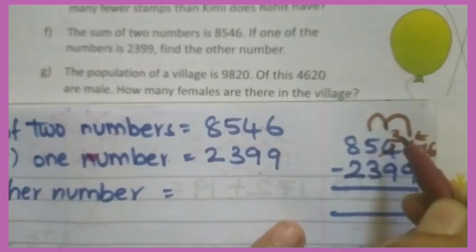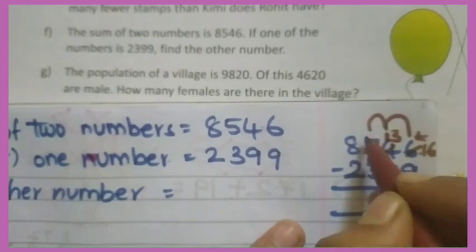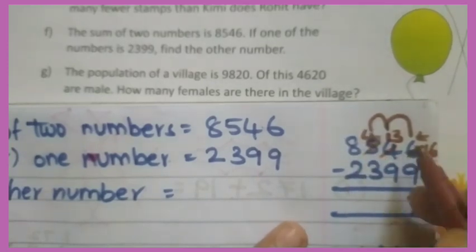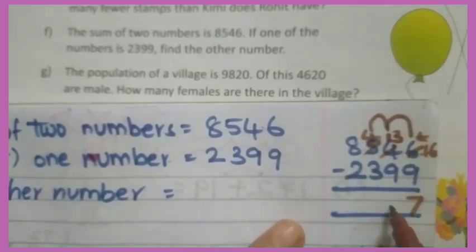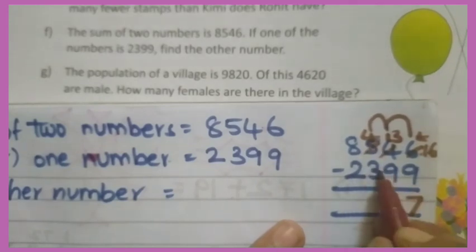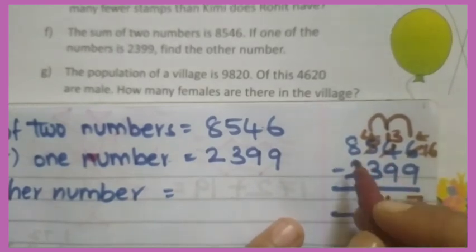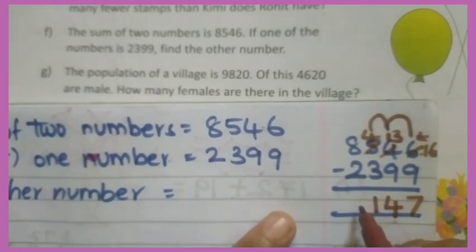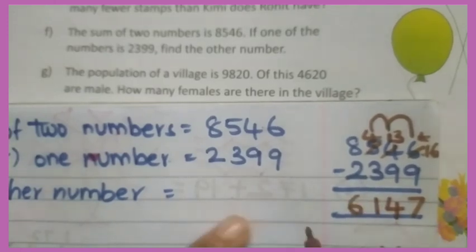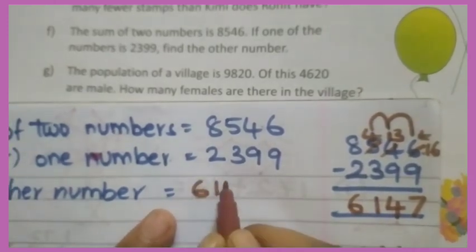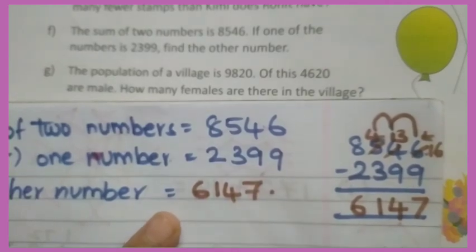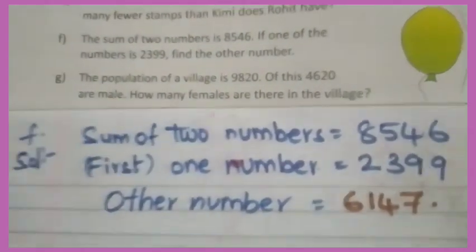So we will take borrow. It will be 13. Here 5 will be 4. So 13 minus 9, 4. 4 minus 3, 1. 8 minus 2 is 6. Therefore 6147. Okay. This is F answer.